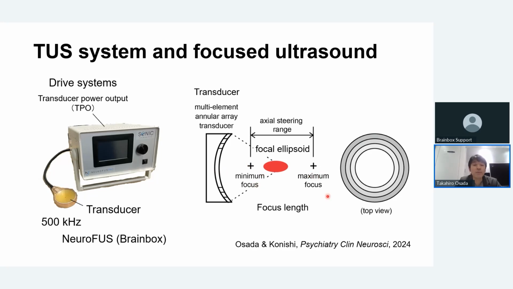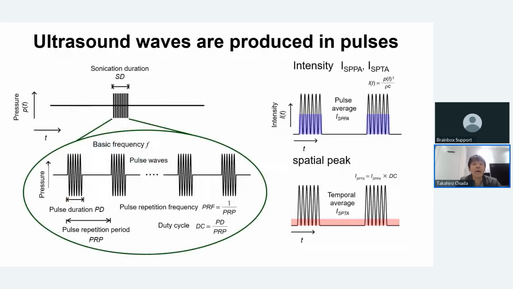The size of the focus depends on the size of the transducer and the fundamental frequency of ultrasound. In a system of 500 kilohertz, the size of the focus is approximately 3 millimeters in lateral direction, the short direction, and approximately 10 millimeters in depth direction. As commonly employed in other ultrasound techniques, the ultrasound waves are generated in a pulsed manner, like this.